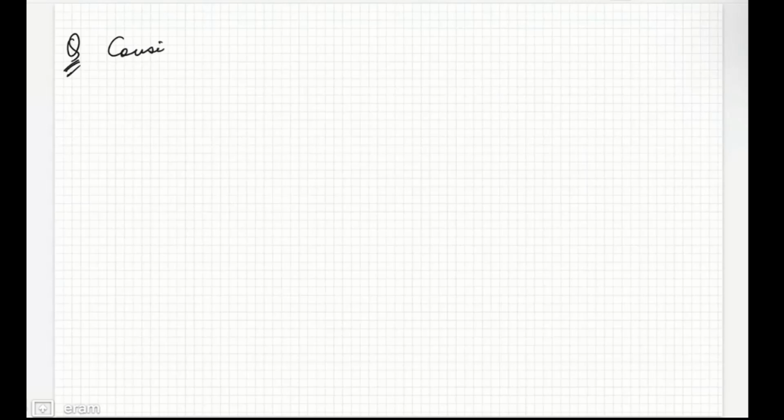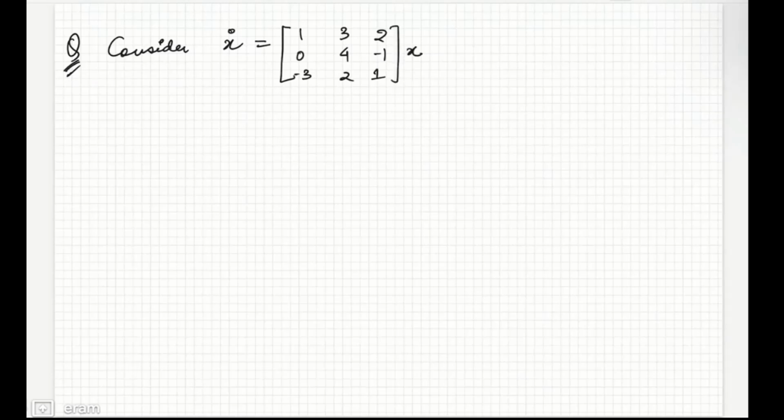Okay, so let's start with a very quick question. Consider a system which is given as x dot equals the matrix [1, 3, 2; 0, 4, -1; -3, 2, 1] times x, with initial condition x(t naught) equals x naught.